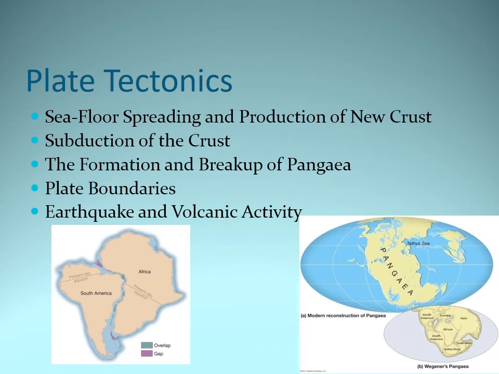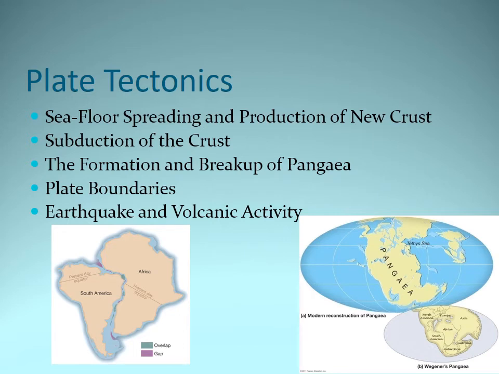You may have heard of Pangaea. Pangaea is thought to be the last supercontinent that we've had, and we're right now in the process of the breakup of Pangaea. Eventually, going into the future, we will see another supercontinent. The boundaries or the dividing areas between these plates is what creates problems on the surface of the Earth.